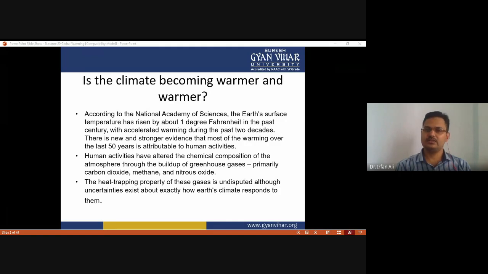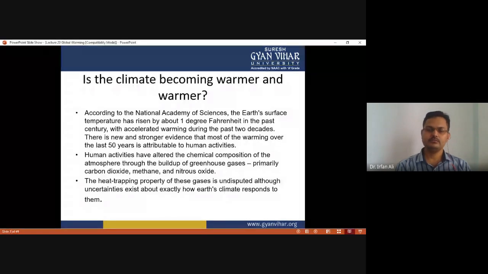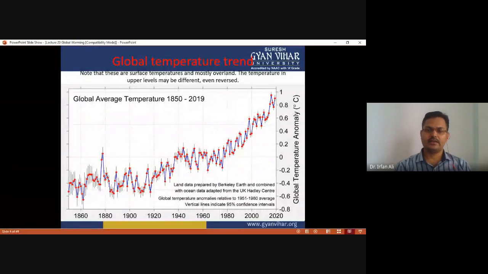So this evidence shows that the climate becomes warmer and warmer day by day. This figure shows the continuous rise in the temperature of the globe. This is the global average temperature between 1850 and 2019. The graph shows land data prepared by Berkeley Earth and combined with ocean data adapted from the UK Hadley Center.